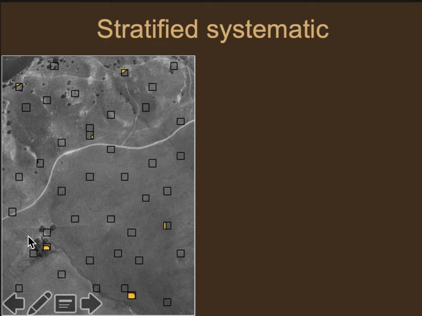So 1/9 of my sample will be here, 1/9 will be here, 1/9 will be here, etc. And then those samples within each of the big squares, you randomly select. So it's got a little bit of randomness. It's systematic because it's more evenly spread than, let's say, a completely random strategy.